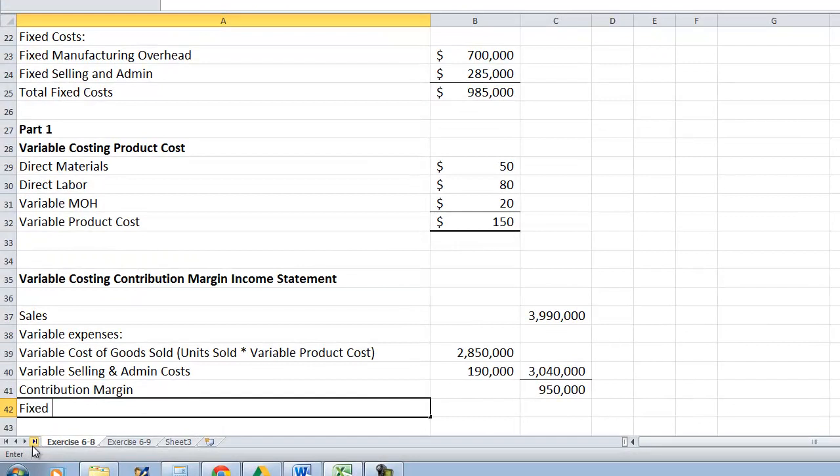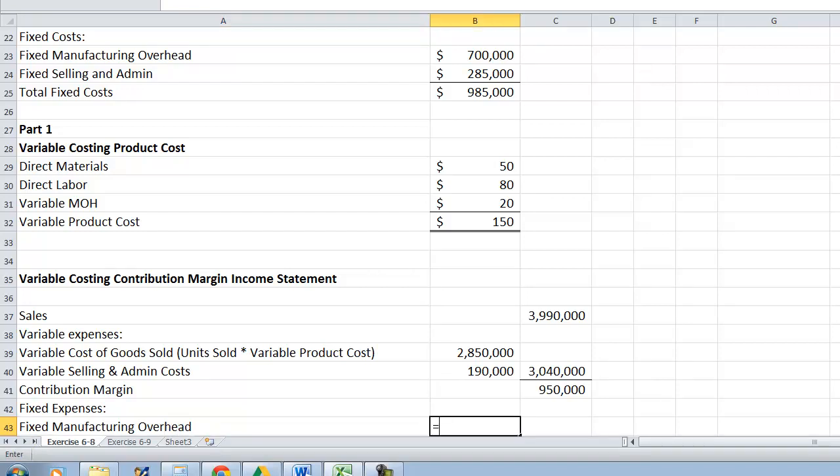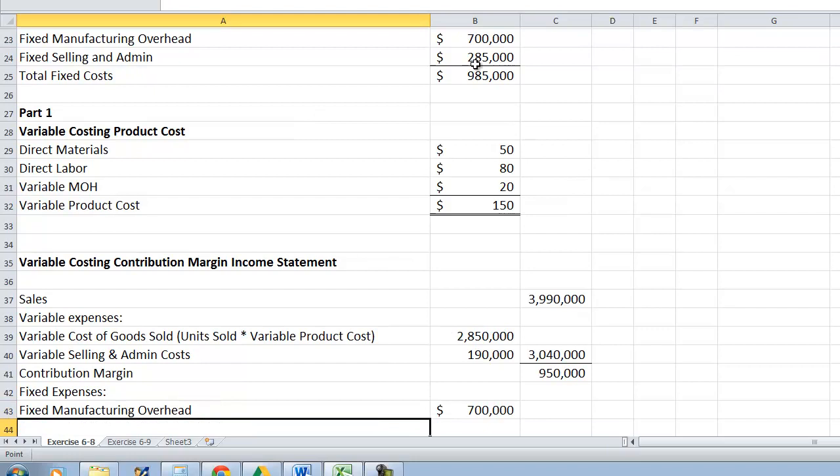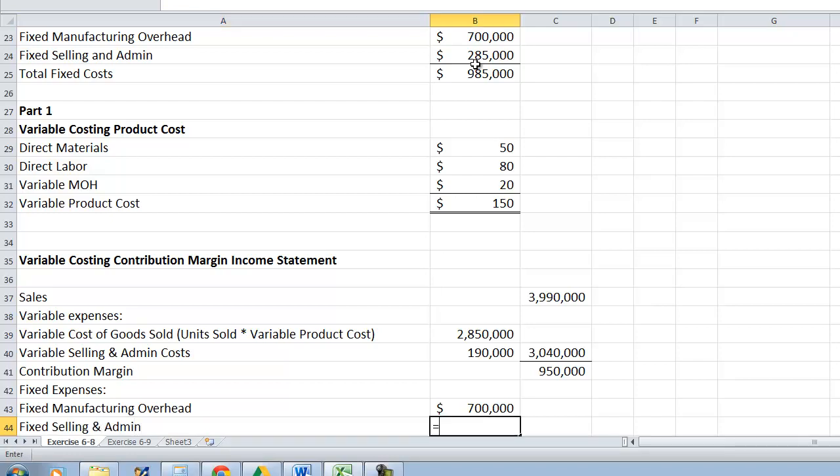Then we have fixed expenses. The fixed manufacturing overhead was given up top as 700,000. And then we have fixed selling and admin. In the past, we've broken out selling and admin, and then the actual cost of the product.